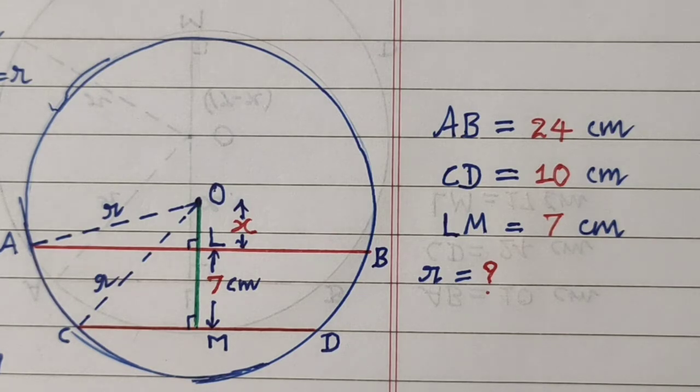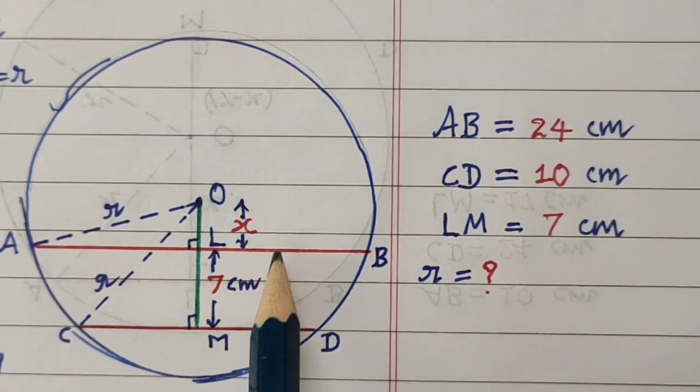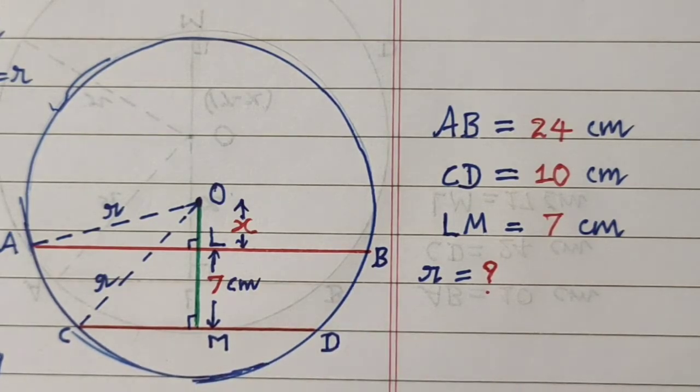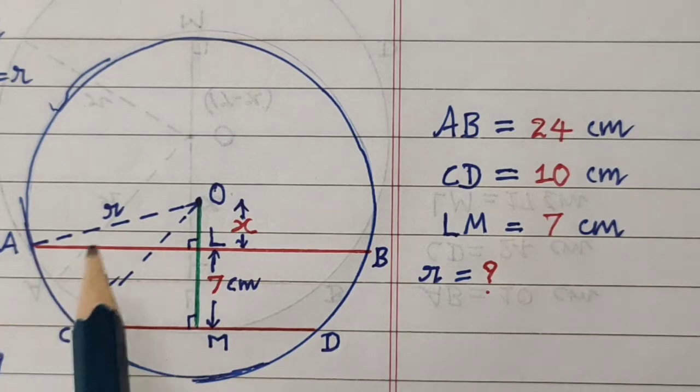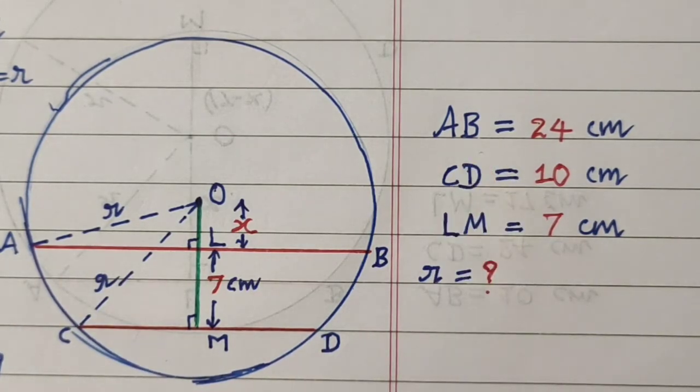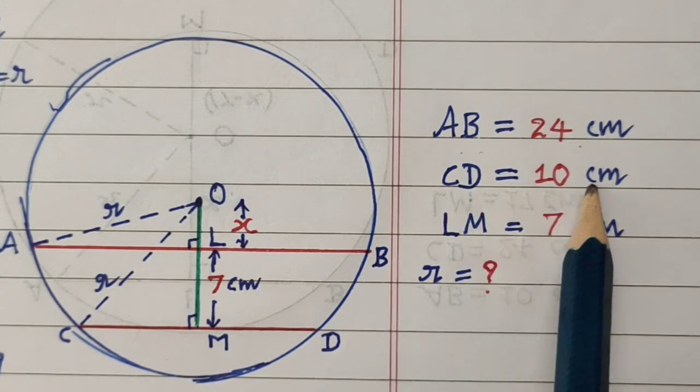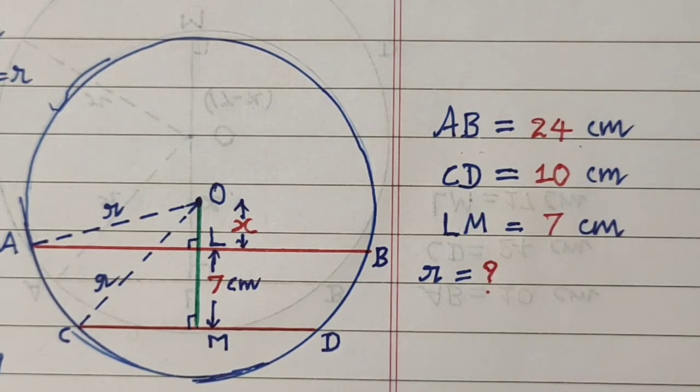AB and CD are two parallel chords of a circle, of lengths 24 centimeters and 10 centimeters. AB is 24 centimeters and CD is 10 centimeters, and they lie on the same side of the center.